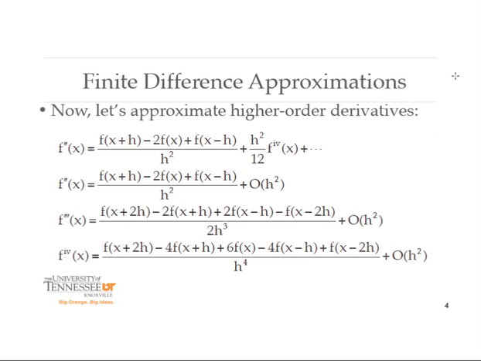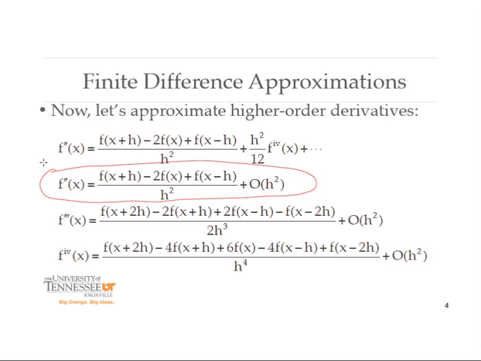You can continue this strategy by going farther down those right-hand sides and pulling out higher order derivatives, and you can actually come up with a finite difference representation for the second derivative, and here is its formula. What's different? Well, it takes three function evaluations.